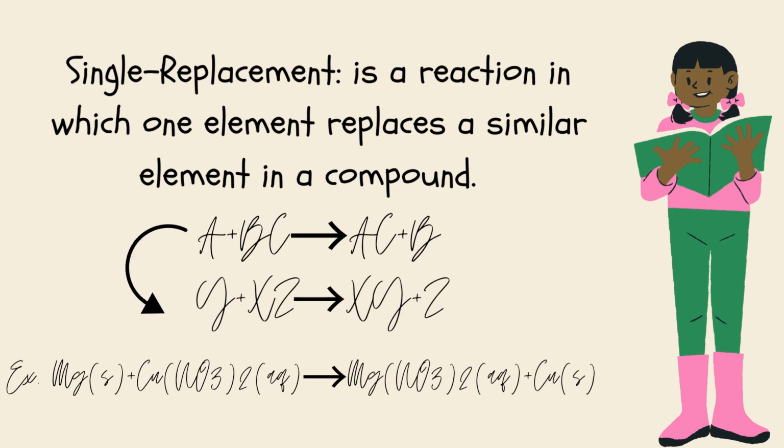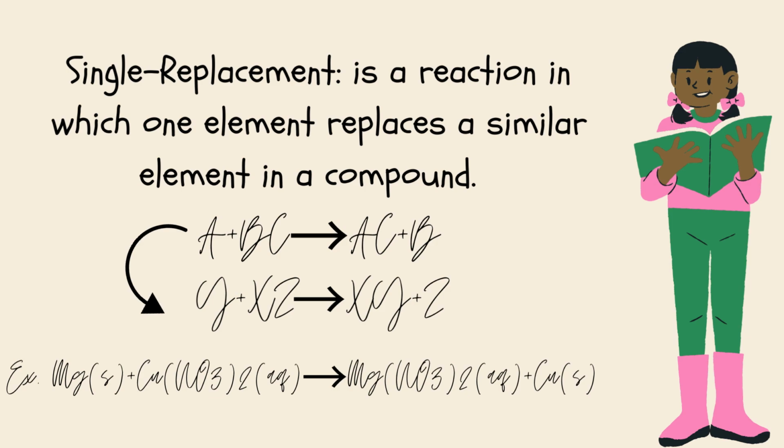When the element doing the replacement is a non-metal, it must replace another non-metal in a compound. The general form for the non-metal equation is Y plus XZ yields XY plus Z. So the replacement must have the same type, metal or non-metal. Here we have an example. Magnesium plus copper nitride yields magnesium nitride and copper metal.